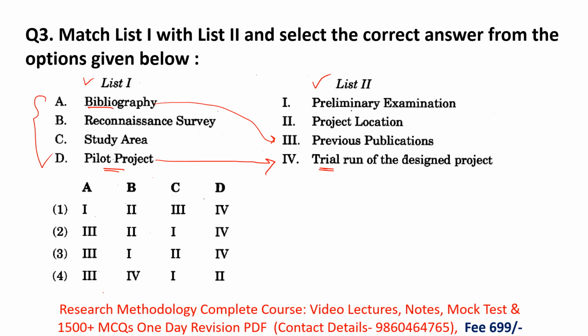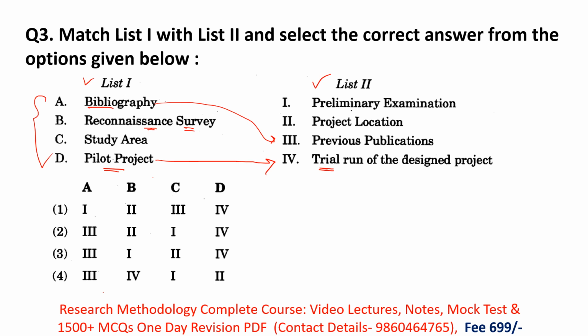Then point B, reconnaissance survey. What is a reconnaissance survey? In a reconnaissance survey, you do research with the help of maps and pictures, like in geographical research. A reconnaissance survey is very helpful in geographical research, where researchers do their research on the basis of maps.